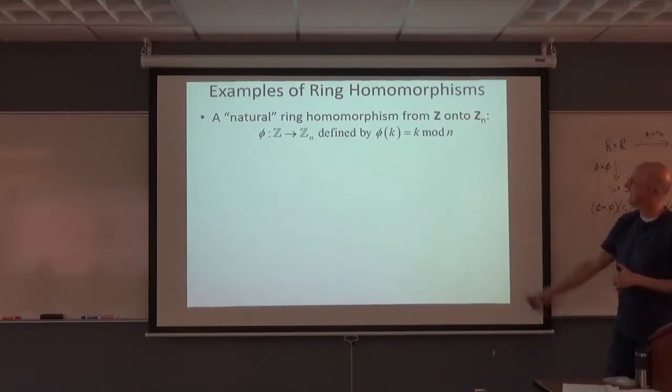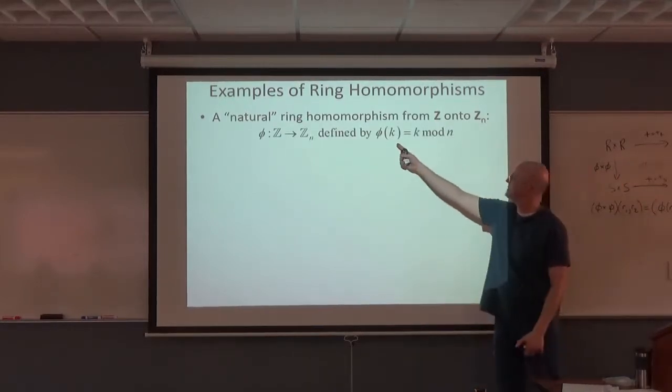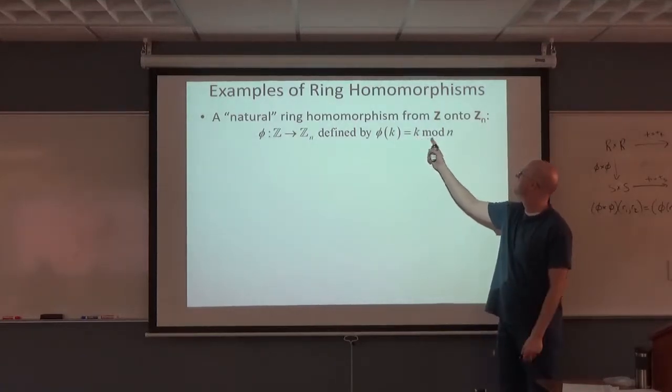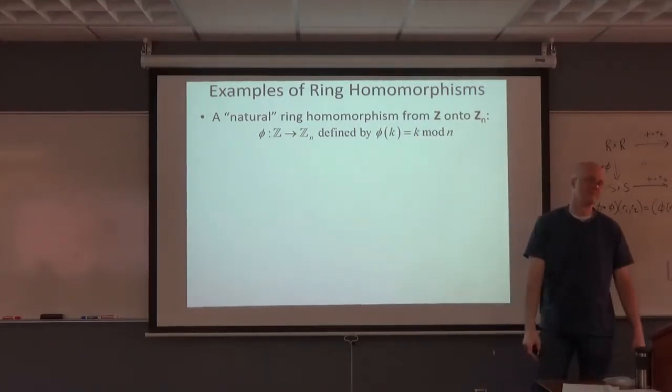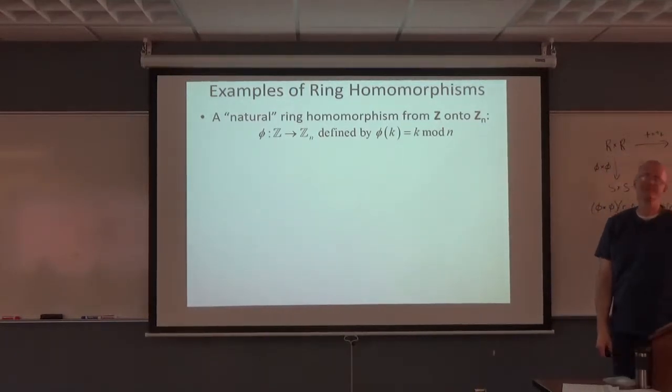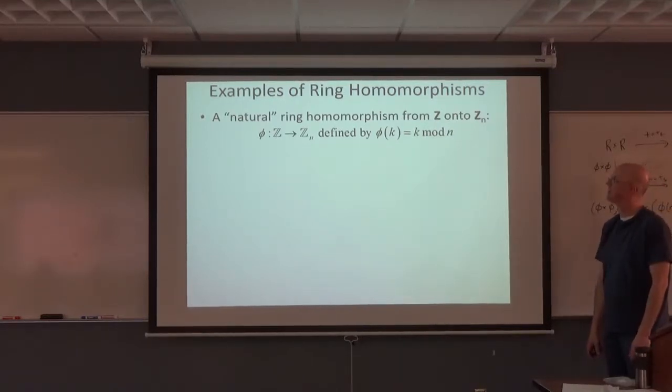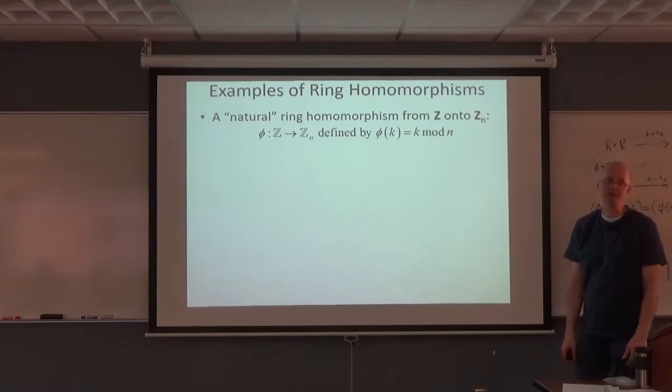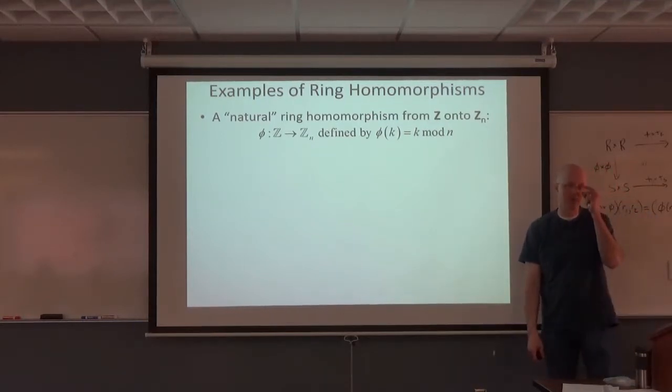How do you define it? The natural way to do it is to map an arbitrary integer to that integer mod n. Divided by n, find the remainder. That's the most natural thing to do. We call it a natural homomorphism. And it can be proved to be a ring homomorphism. Essentially, it's properties of modular arithmetic from chapter 0 that allow you to prove that's a ring homomorphism.